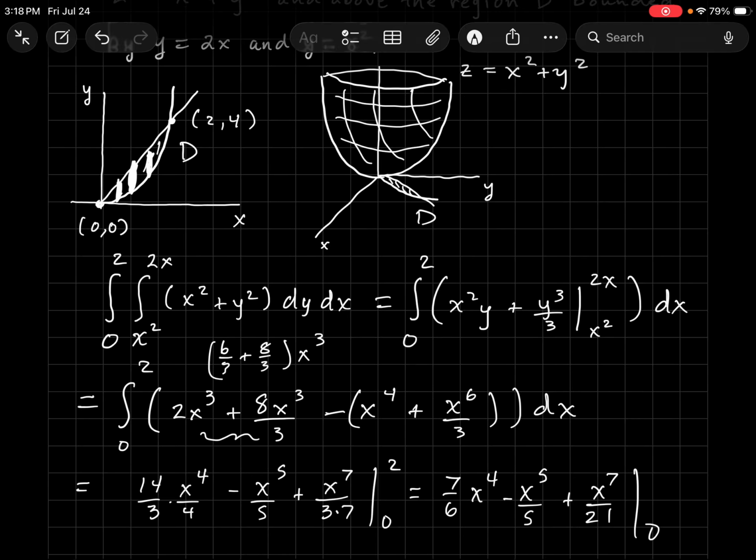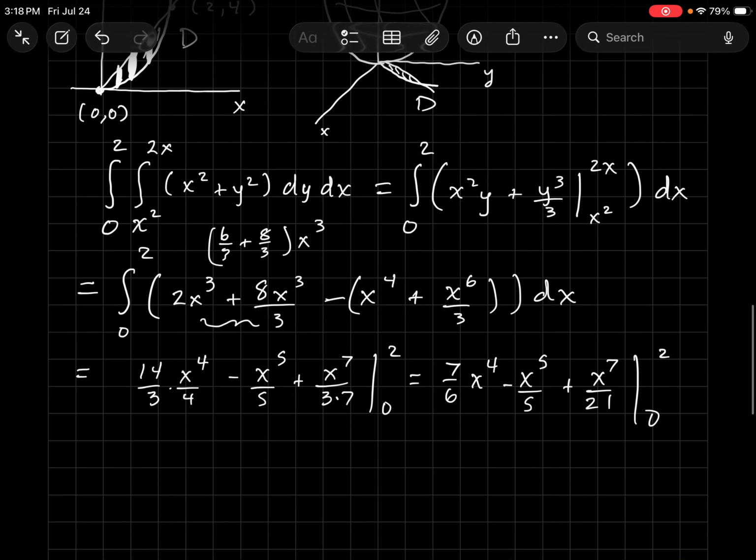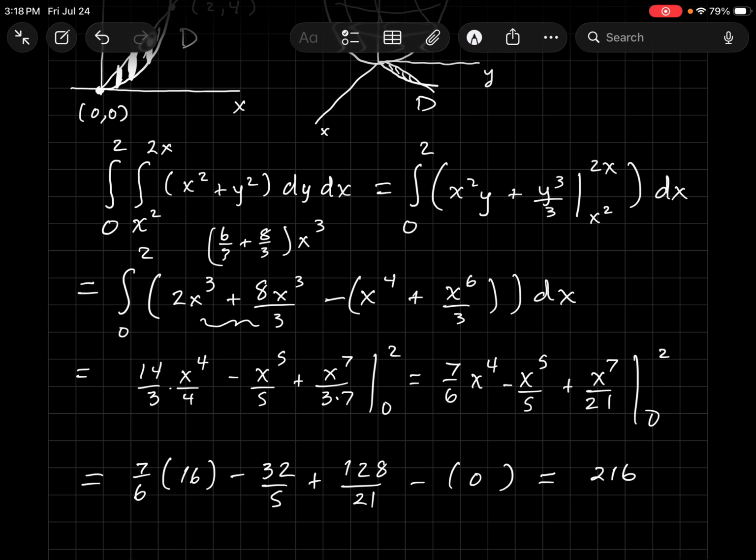From 0 to 2, plugging in the top limit, we get 7/6 times 2 to the 4th, or 16, minus 2 to the 5th, or 32 over 5, plus x to the 7th, which is 128 over 21, minus, plug in the lower limit, 0. And if we were to put this together, we would get 216 over 35.